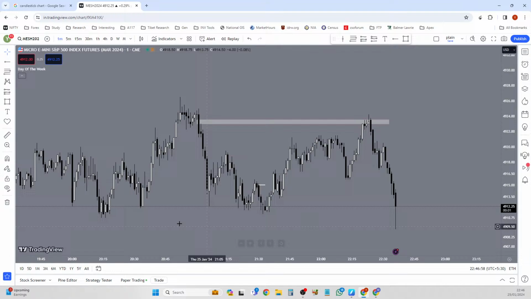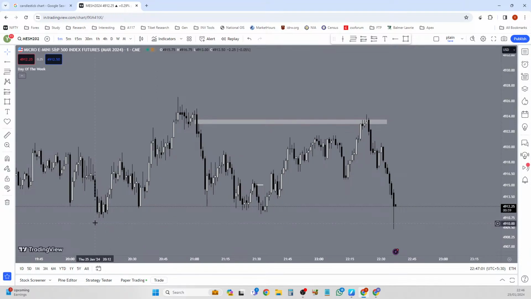If you just rewind a little back and see wherever this price was, let's say over here, since I had noticed it over here itself, it is going here. At that time, the price was, let's say, 4919, and the place where I expected it to go is 4910.